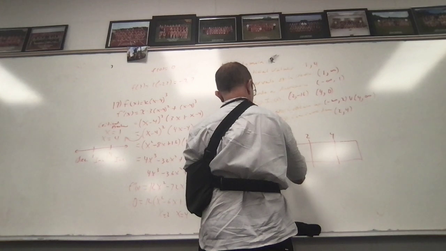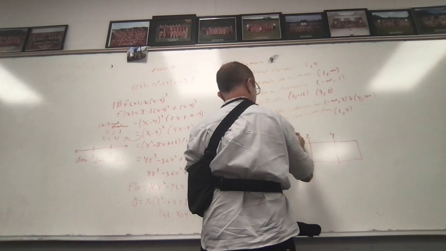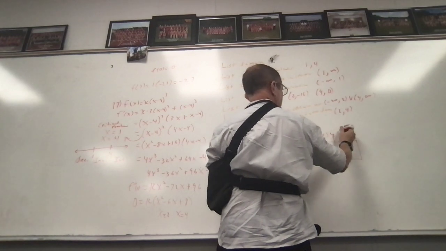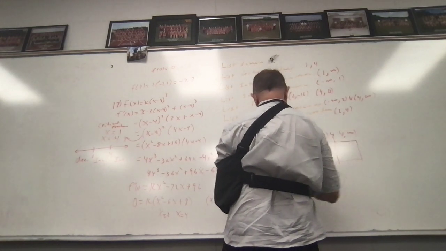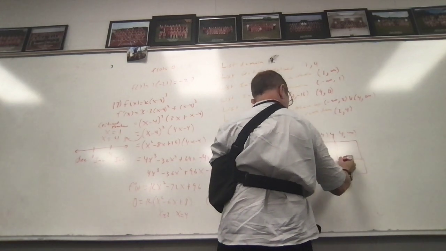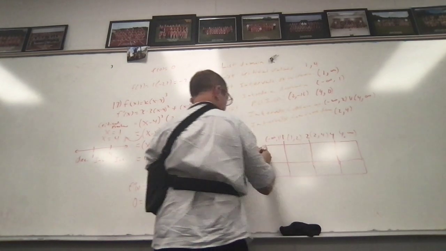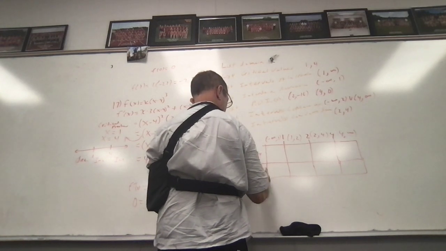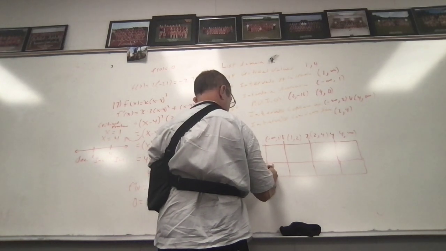So I've got negative infinity to 1, I've got 1 to 2, I've got 2 to 4, and then I've got 4 to infinity. And this is going to help me shape my graph. So here's f prime of x, and here is f double prime of x.